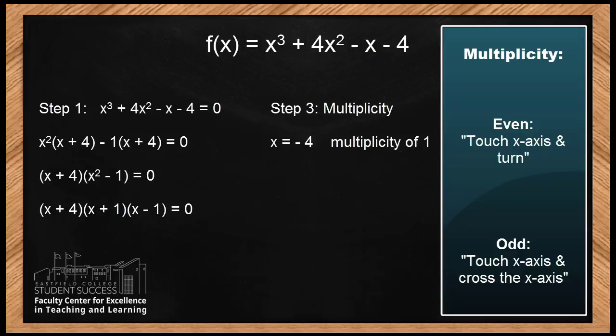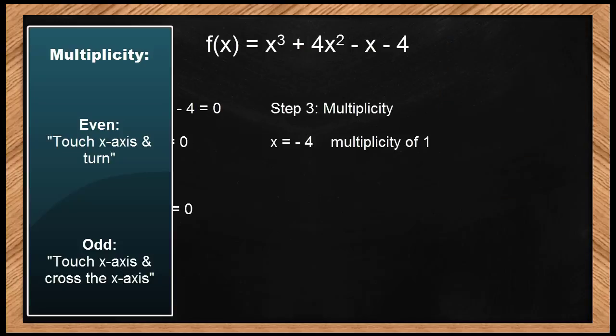When the multiplicity is even, the graph will touch the x-axis, but will not cross. So we'll say touch and turn. Now going back to our problem, for x equals -4, multiplicity is 1. 1 is an odd number. So we have an odd multiplicity. When the multiplicity is odd, the graph will touch and cross the x-axis.